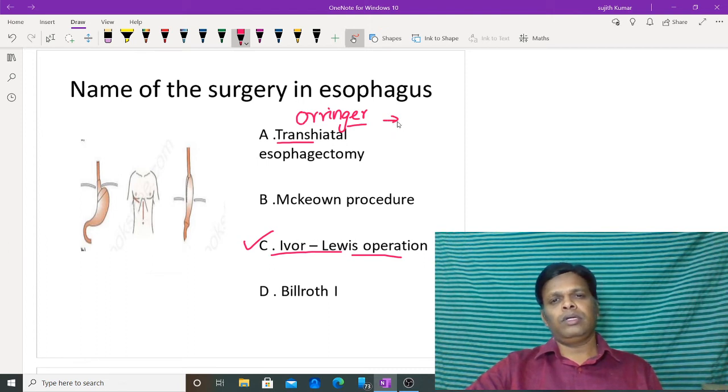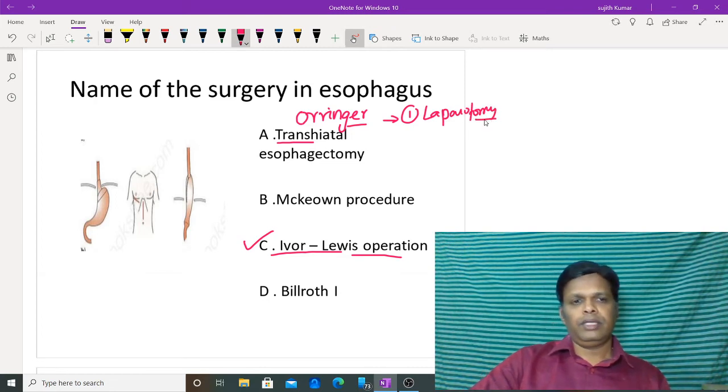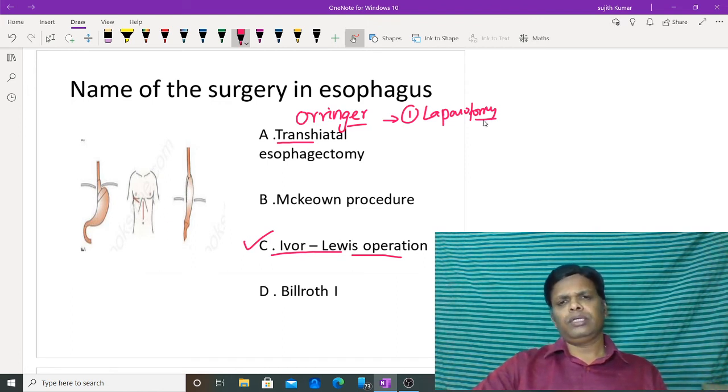First you do a laparotomy by a midline vertical incision and dissect the lower end of the esophagus and stomach, and then mobilize the stomach. Then you take the stomach, which is called gastric pull through.